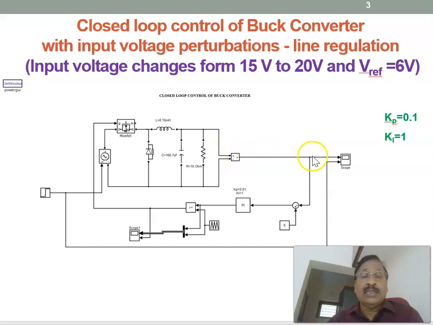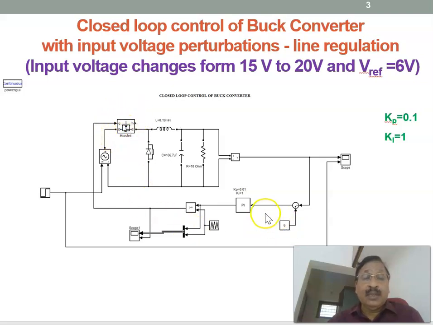Here we sense the output voltage, compare it with the reference voltage, and give it to a PI controller. We are taking Kp as 0.1 and Ki as 1, fixed by trial and error and tuned as such. The output of the PI controller is compared with a sawtooth waveform, and the output of that comparator is given as the switching signal to the switching device, the MOSFET.